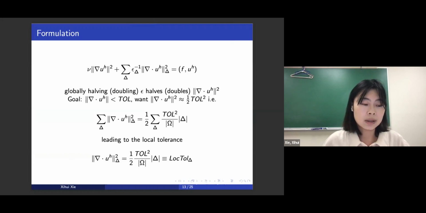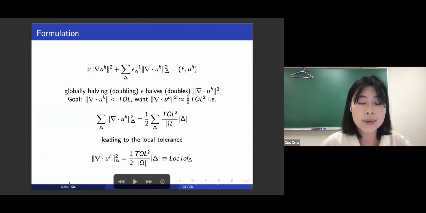A little analysis. We take the variational form of the Stokes problem and take the L2 inner product with u_h, so we have the following equation. Here we are considering epsilon to be different on each element, so we write the second term as follows.